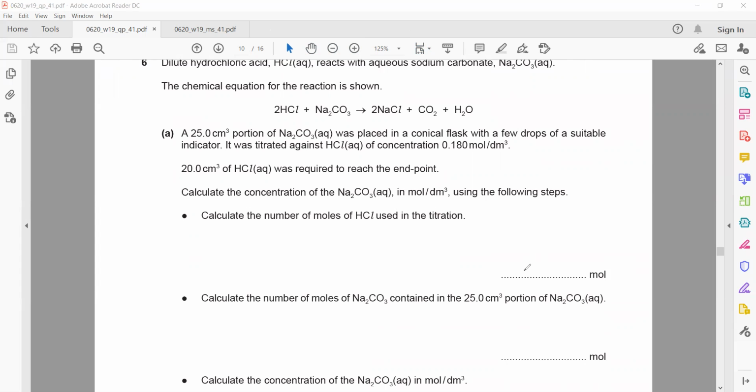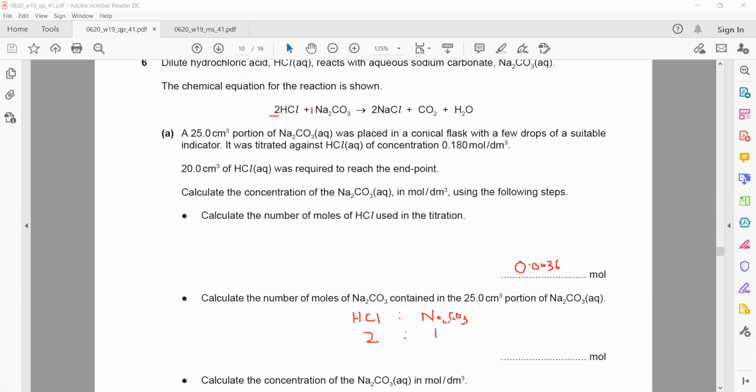How can you use the ratio? You already have the moles of hydrochloric acid, which is 0.0036. What is the mole ratio between hydrochloric acid and sodium carbonate from the equation? If you have 2 moles of hydrochloric acid, then how many moles of sodium carbonate are there? 1. So the ratio between them is 2:1.